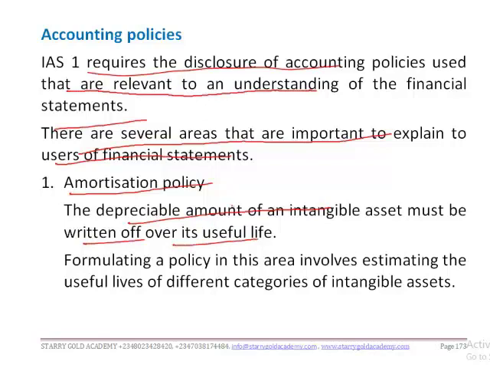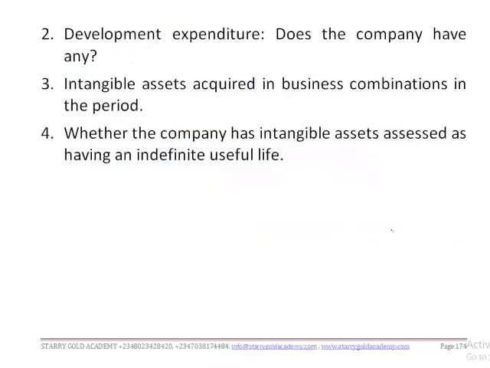The depreciable amount of an intangible asset must be written off over its useful life. That is, at the end of its useful life, if it has no scrap value, it should be written off to zero. So formulating a policy in this area involves estimating the useful lives of different categories of intangible assets.